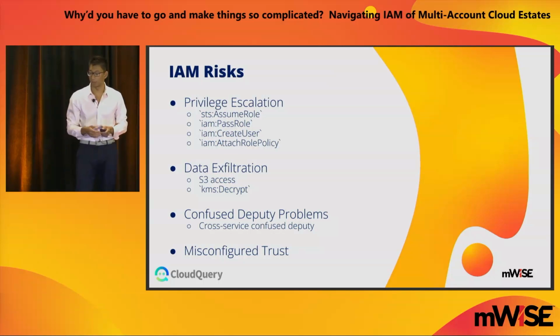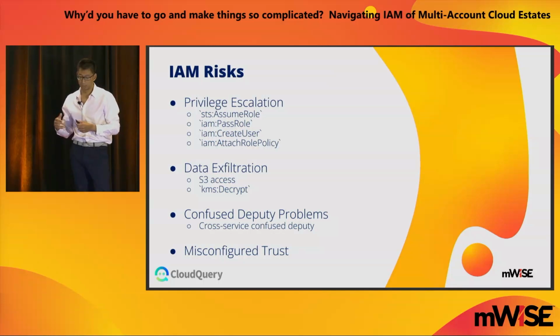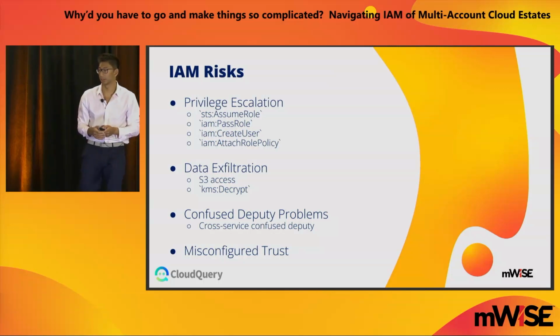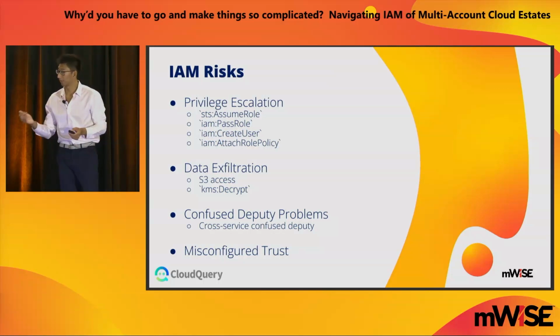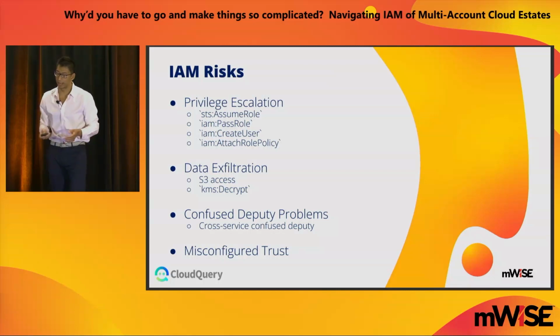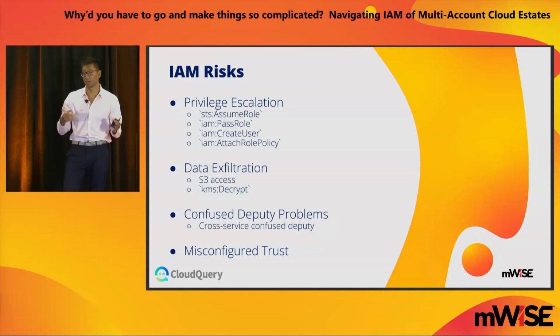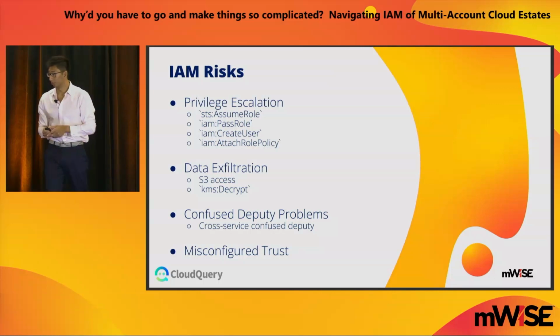This is a newer attack or risk that we've seen. And also, over the last couple of years, AWS has done a lot of additions to help prevent against confused deputy problems. And this is when a service is tricked into behaving on behalf of an attacker as a confused deputy. So you'll see this in the trust relationship, right? If the trust relationship of a role trusts a service, this can be used to use that service improperly.